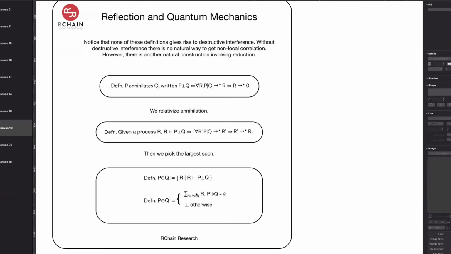So we'll take all the R's out of this set, assuming that the set isn't empty. When the set is empty, if there are no R's for which this happens, then we say that this operation is undefined. But if there are some R's, then we're going to take the sum of all of them, and I mean the process summation. So we're assuming a rho-calculus with summation.